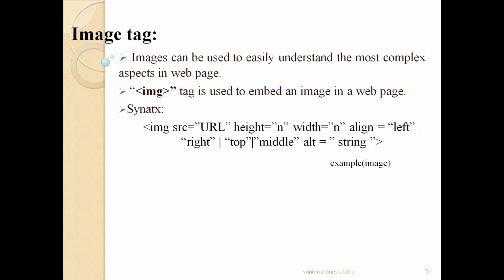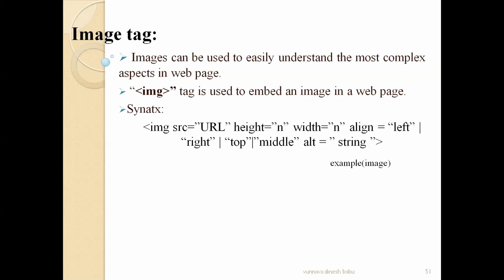When will this ALT attribute work? When we can't open an image on a web page, then this alternative message will be displayed on the web page. For example, in the source, we have given the path of our college photo. When we open the web page, our college photo will be displayed.